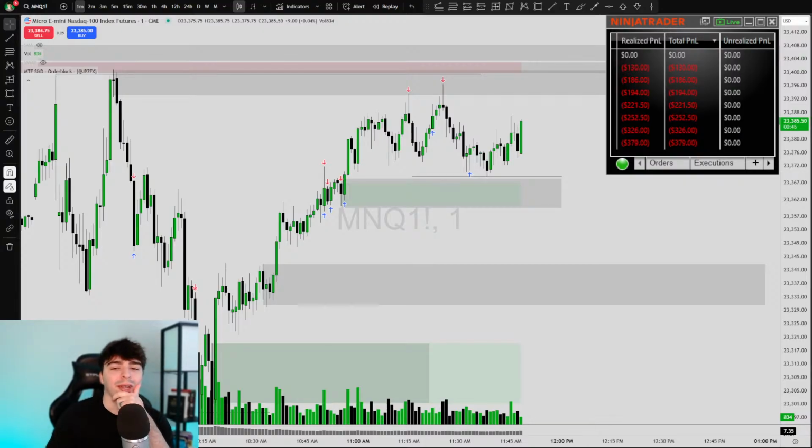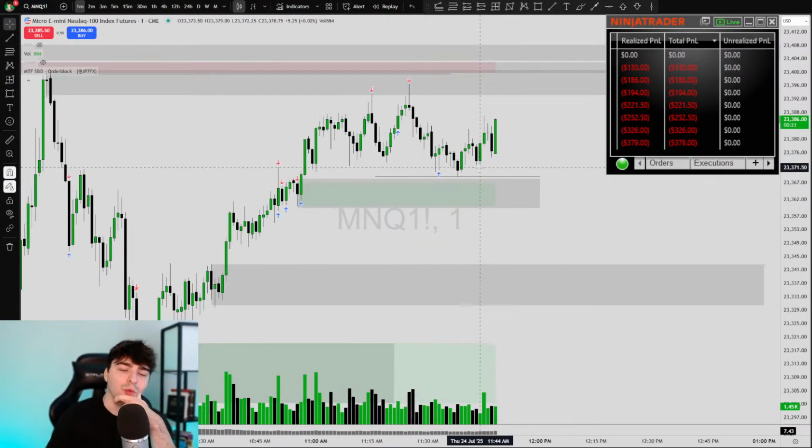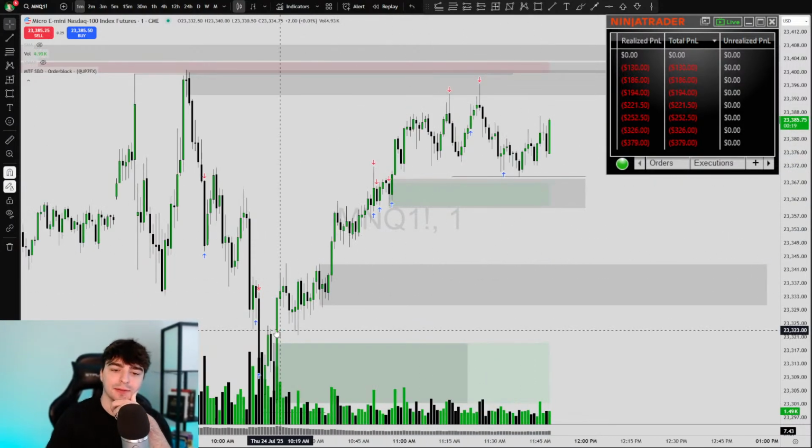Oh, come on. What is this barcode price action? Straight down, straight back up. Straight down, straight back up. God dang. This whole week has been this. Just the weirdest looking charts ever.